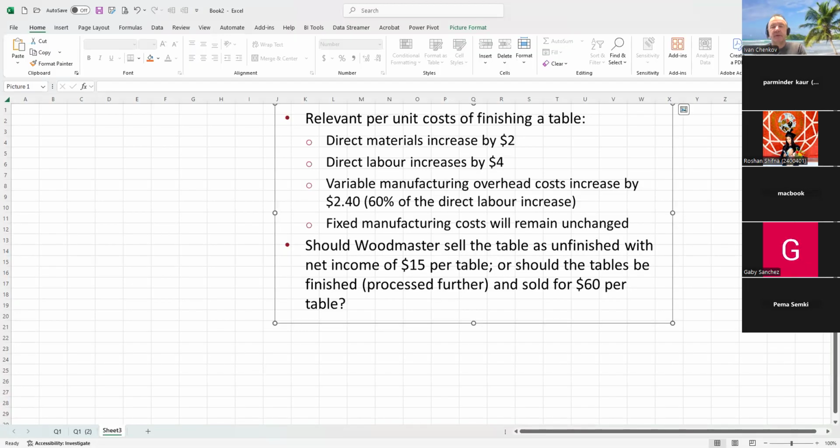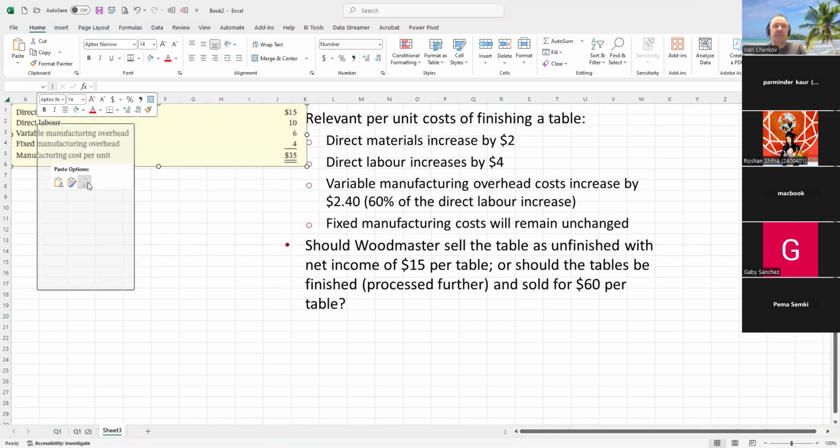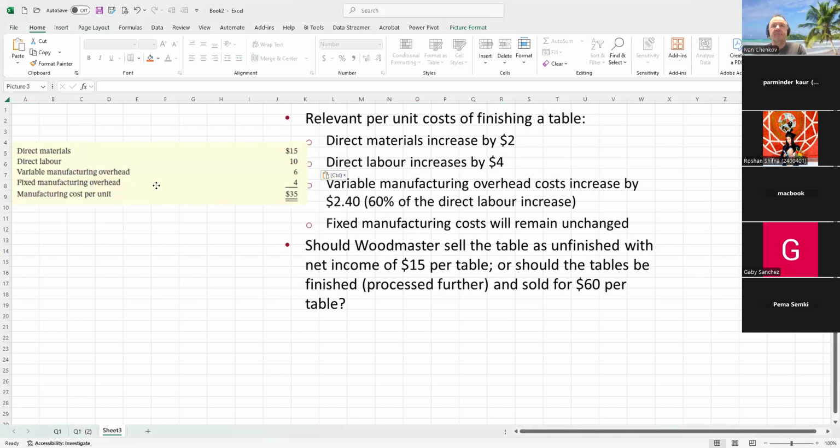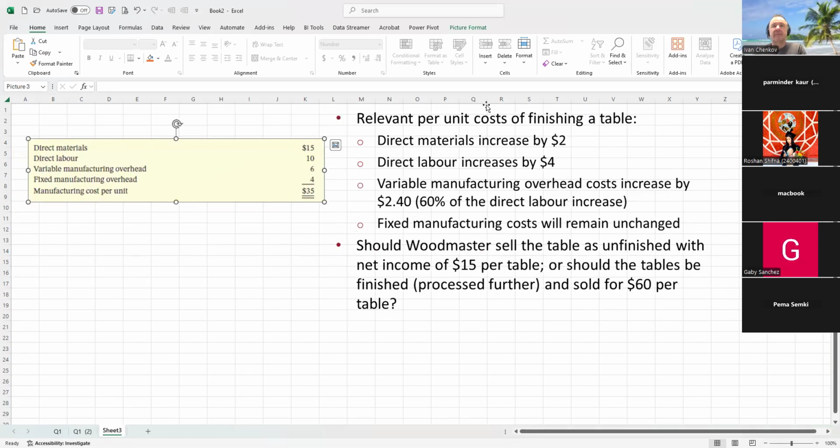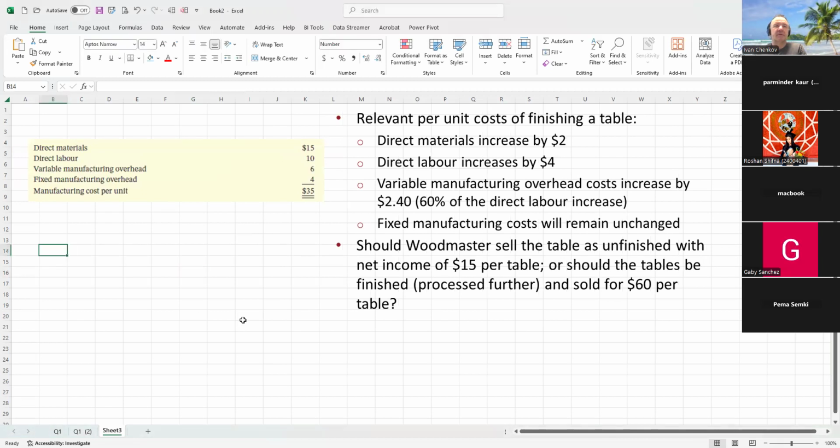Let's get the beginning information with the direct material and direct labor and everything else. I'm not sure if this information is going to be available for us as an Excel spreadsheet, but I can easily put it here. No, it's not. Okay, it doesn't matter. Can you guys see my screen? Okay, so let's start.